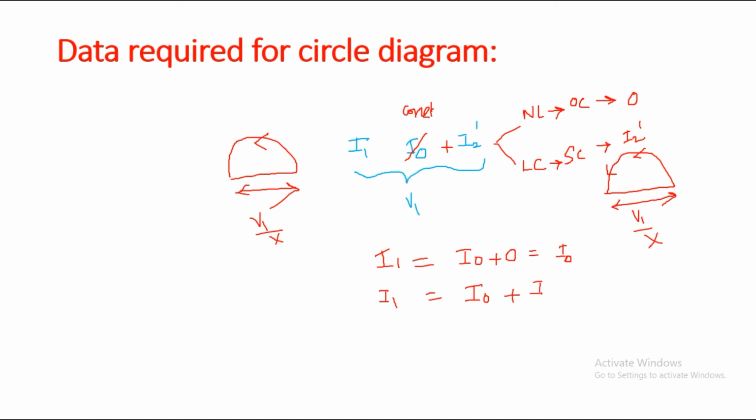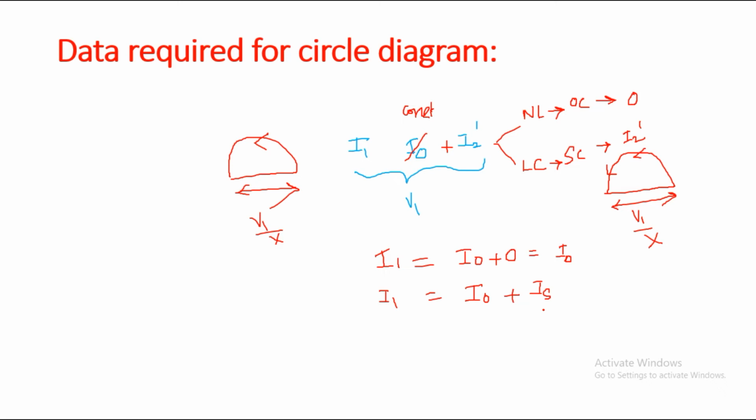The reason for writing I2 dash as IS is, it is not possible to have zero value for this loaded condition. So we can say it is purely a short circuited condition on rotor circuits.